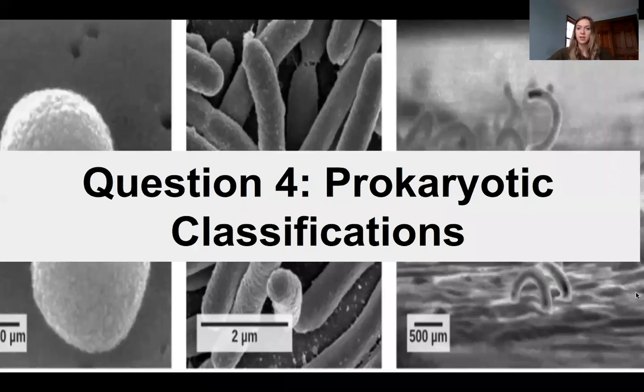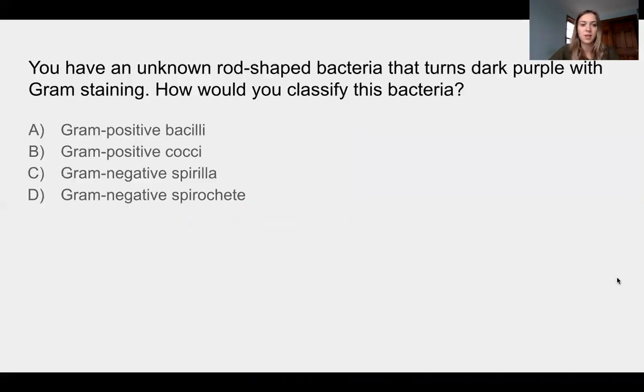All right, so now we're going to talk a little bit about some different classifications for prokaryotes. The question is, you have an unknown rod-shaped bacteria that turns dark purple with gram staining. How would you classify this bacteria? Take a second here, pause the video, and resume once you've answered the question.